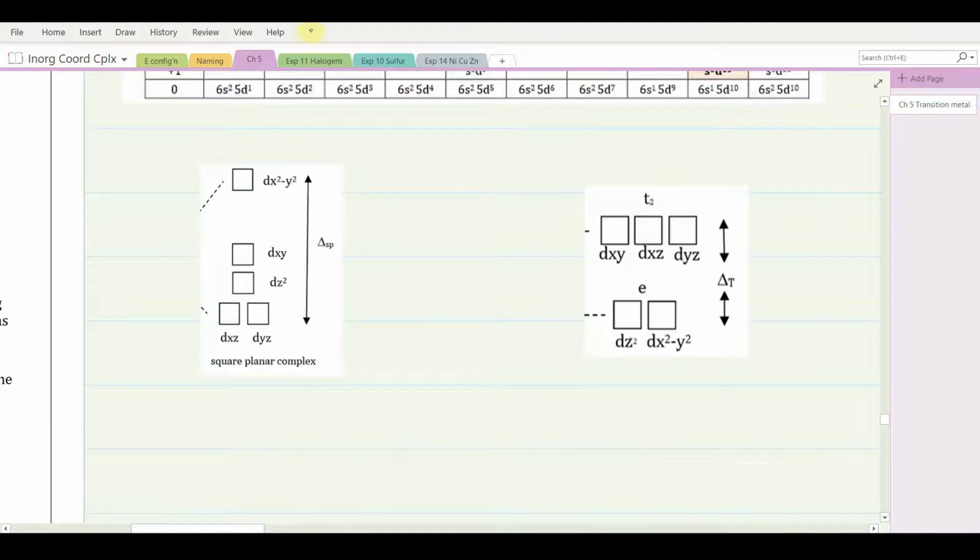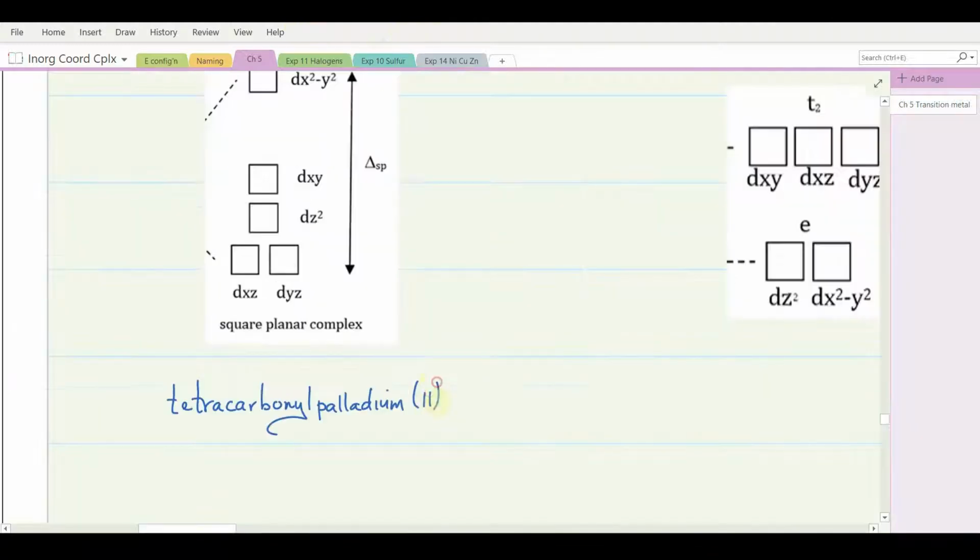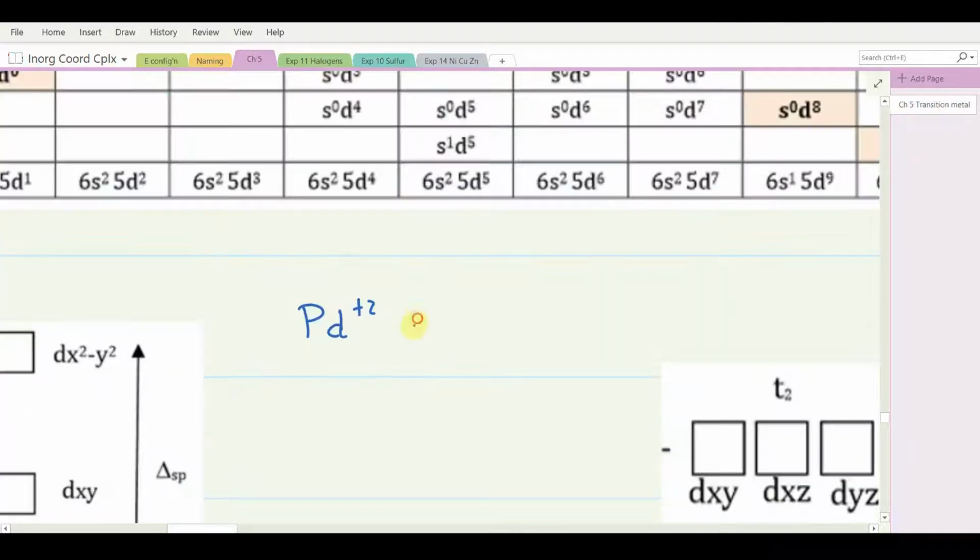Tetracarbonyl palladium-2. It's a 4-coordinate complex. The formula would be transition metal first, followed by ligands. Carbonyl as carbon monoxide. Palladium-2. Now carbon monoxide has no charge, so the charge of palladium is +2.